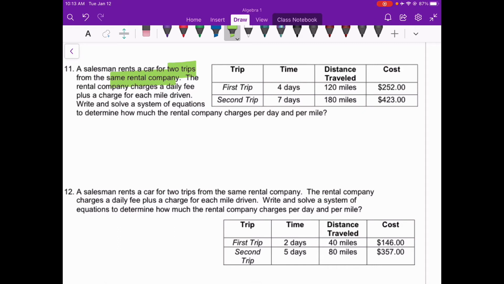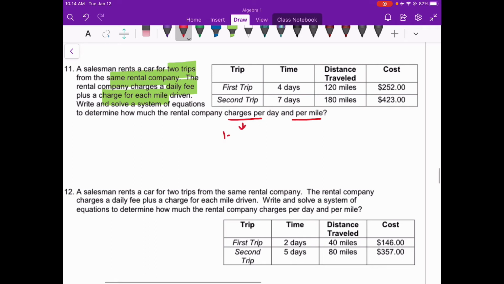The rental company charges a daily fee plus a charge for each mile driven. Write and solve a system of equations to determine how much the rental company was charging per day and per mile. So here's our question again.